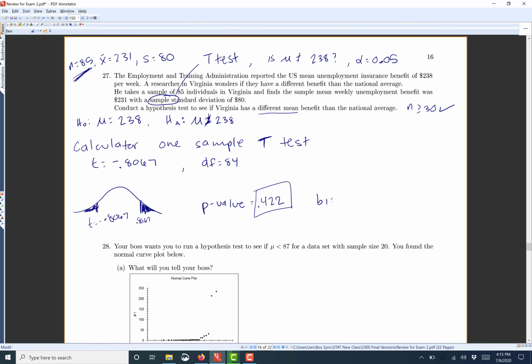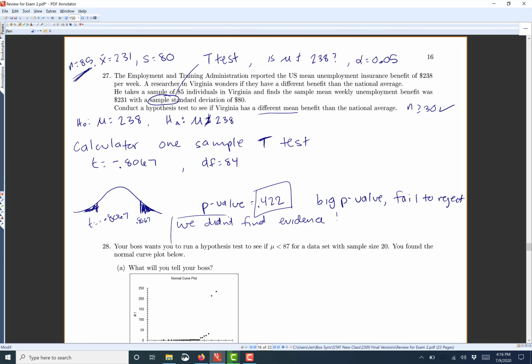Well, that is a big p-value, and we will fail to reject. So we didn't find evidence, or at least enough evidence. In this case, we didn't really find much at all.